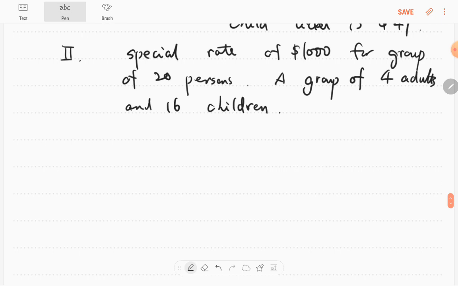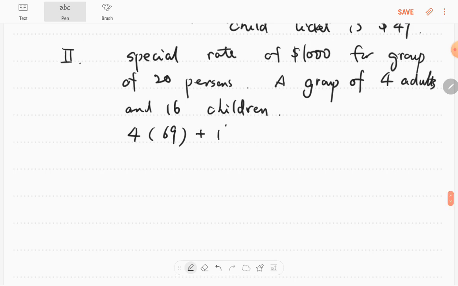This time we have 4 adults, and we already know an adult ticket is $69, plus 16 children at $49. 16 times 49 gives us 784.